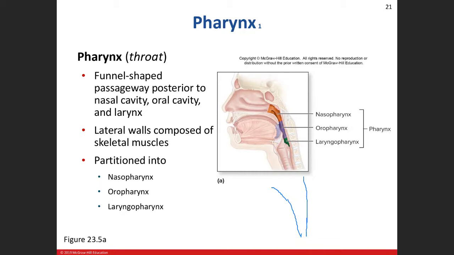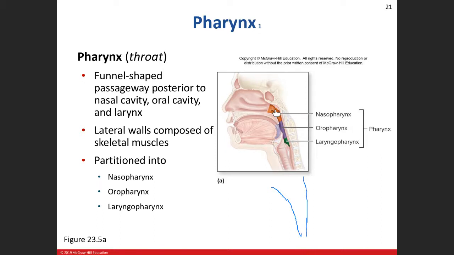We name each part for the cavity or region that we're closest to. The upper portion of our pharynx, which is posterior to the nasal cavity, is the nasal pharynx. The nasal pharynx is designed for air transmission only.